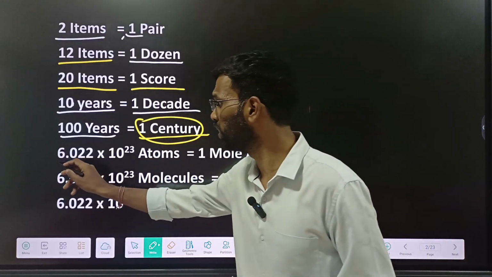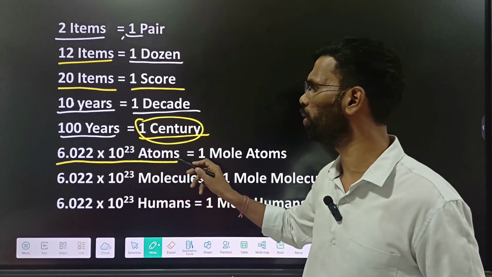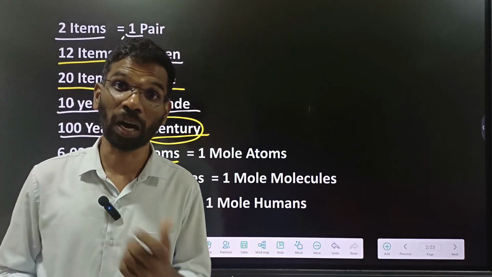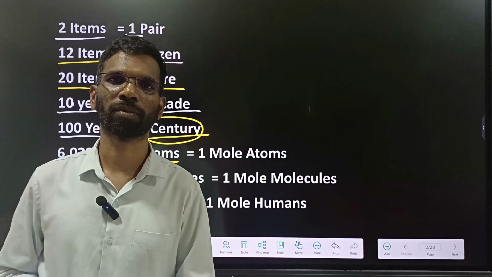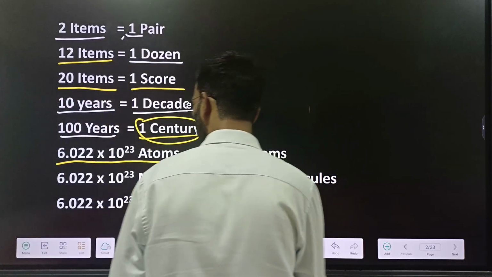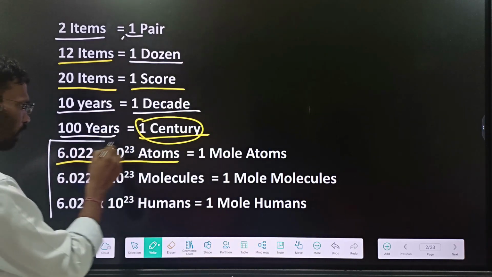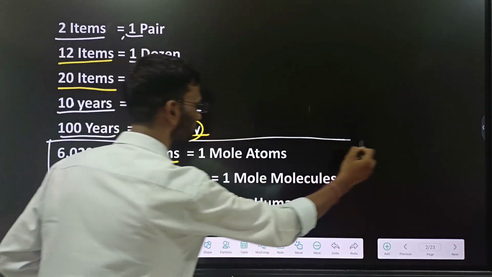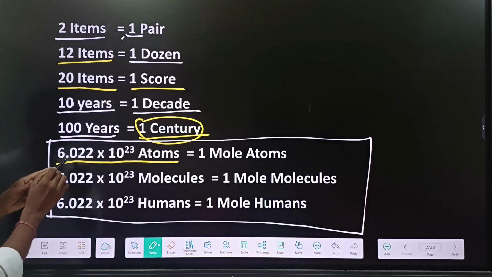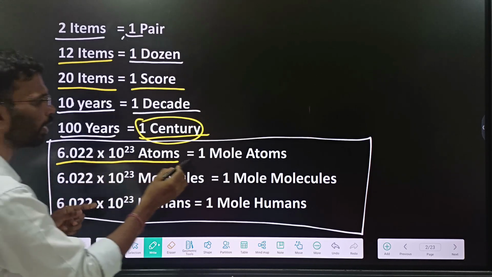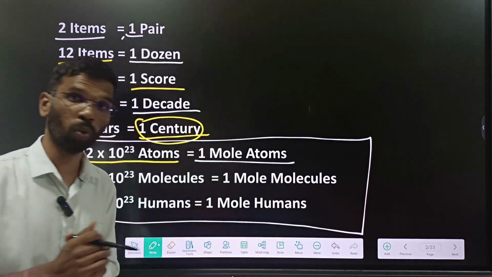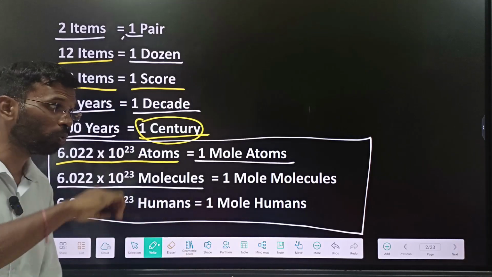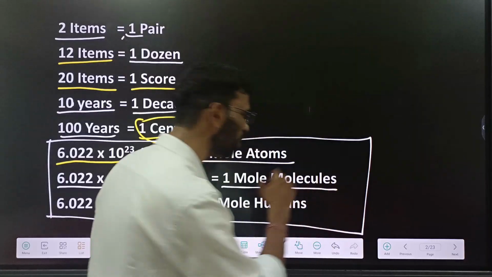Now there comes this number, 6.022 into 10 raised to 23. This number is specifically for counting atoms. Why counting atoms? I'll come to this later. As of now, just try understanding what is there. 6.022 into 10 raised to 23 atoms is equal to 1 mole of atoms. 6.022 into 10 raised to 23 molecules is equal to 1 mole of molecules.